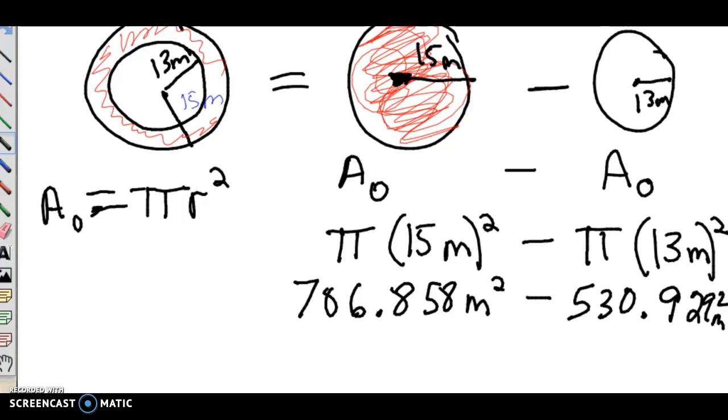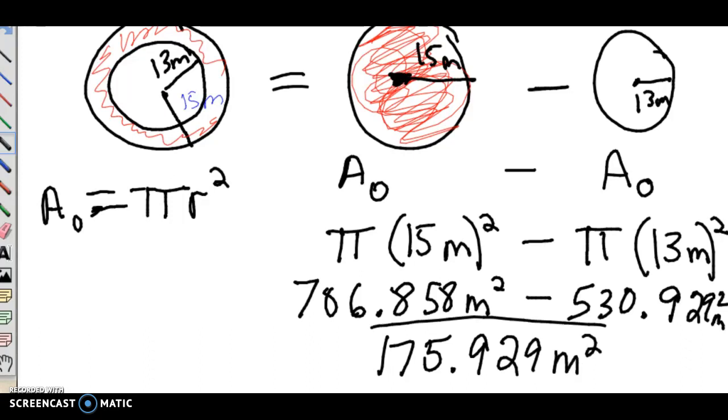And it's approximately 175.929 meters squared. And that's the approximation. And so again, I use a little squiggly equal sign to represent that it's a rounded approximation.